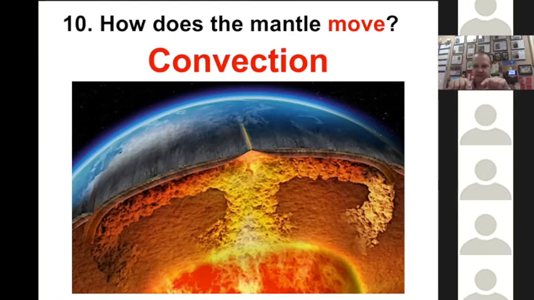Hot, cold, hot, cold. Hot goes up, cold goes down. And that has to do with density, just like the layers. And that is what helps move the crust on top, which is broken.